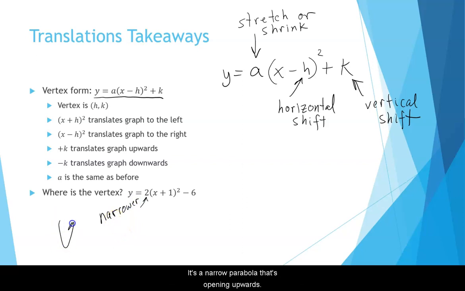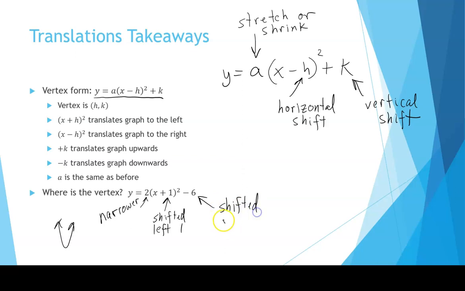It's a narrow parabola that's opening upwards. The x plus 1 tells me that it's shifted left by 1 place. And then this minus 6 tells me that it's shifted down by 6. So our vertex would be the point negative 1, negative 6.